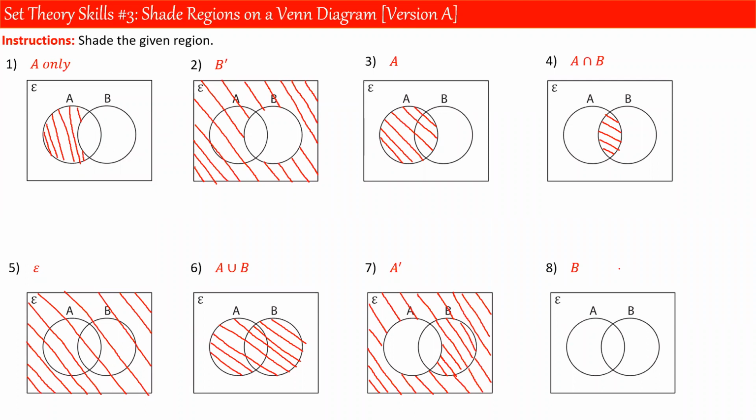So, number 8B, basically you have to shade everything in B, including the intersection, I believe. Yes, including the intersection. Because we want all of B. I didn't say B only, but I said all of B. Look how easy that was. It didn't even take 2 minutes to do this.